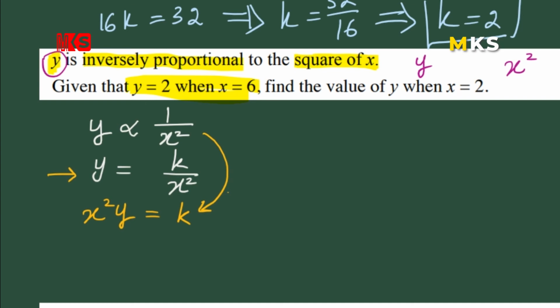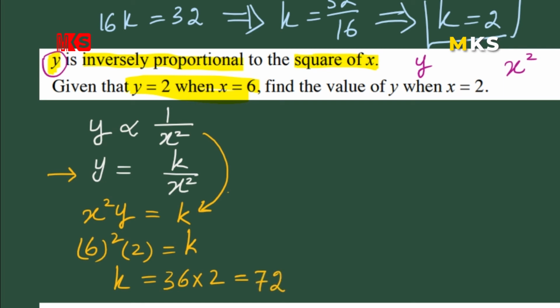So by using the corresponding values of x and y, here it is 6 square times y, which is 2, is equal to k. So k will be 36 times 2. So k is 36 multiplied by 2, which is 72.